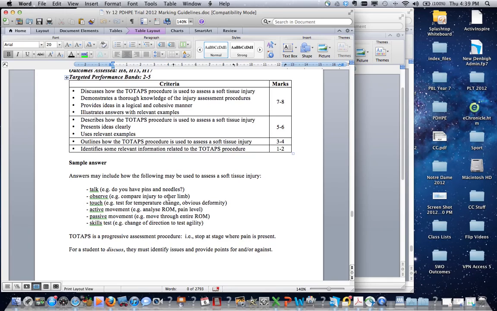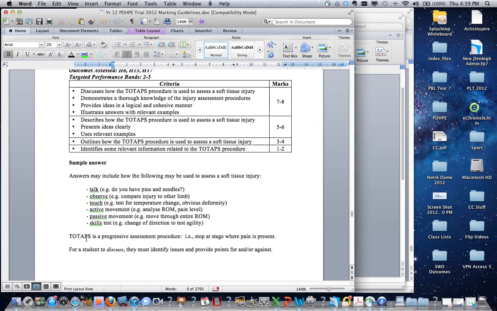The skills test is the final part of the acronym here, and carrying out a test that is relevant to the sport, that would allow a judgment to be made about whether or not the player would be able to return. So specifics, an agility test, a tackle in rugby league. Those sorts of things may be applicable in this particular part.